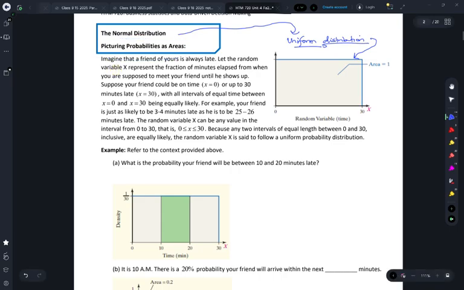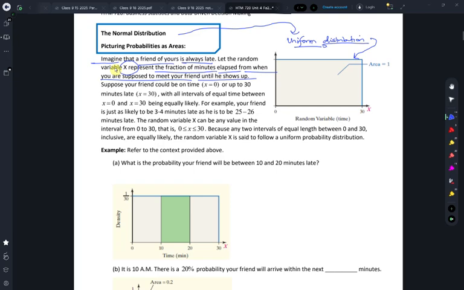So imagine that you have a friend who is always late, and that means we're now interested in x, the number of minutes that has elapsed from when you're supposed to meet your friend until he or she shows up. So x is simply the number of minutes that this friend appears to be late.